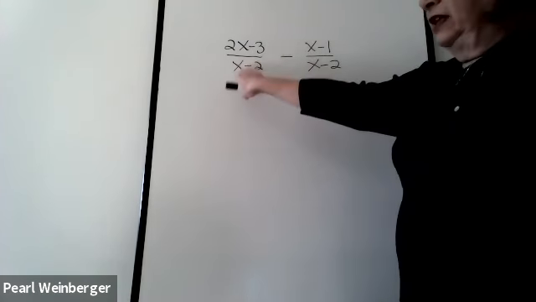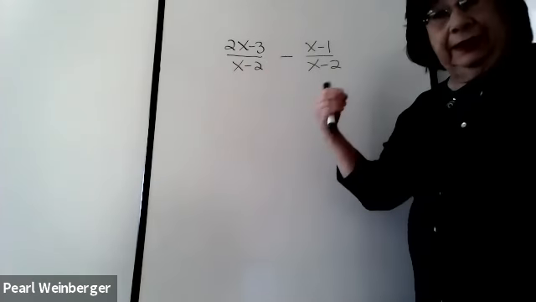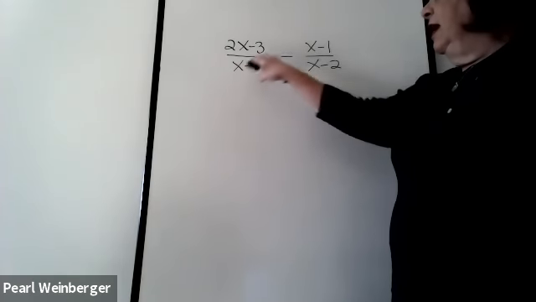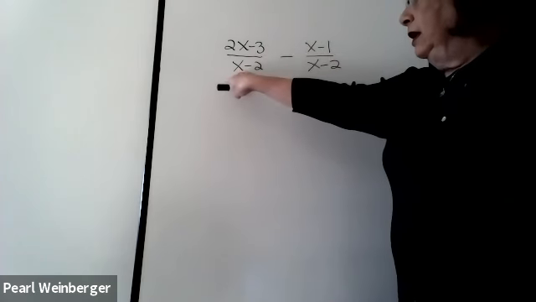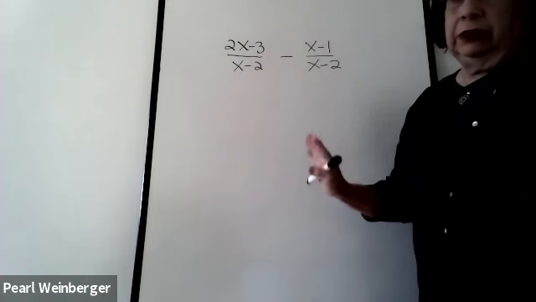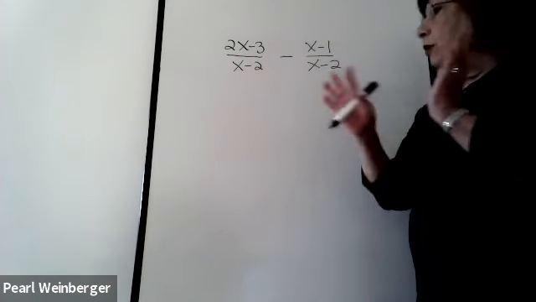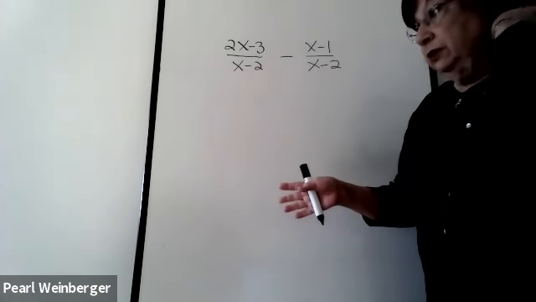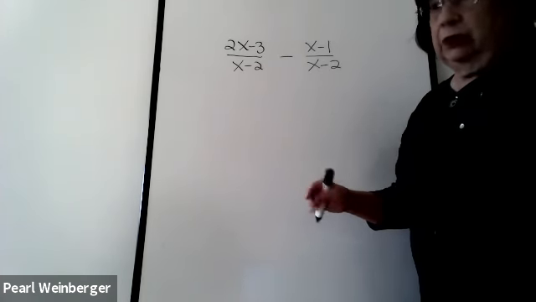Okay, step one is always find a common denominator. That has already been done for me. The denominator in both fractions is x minus 2. So I don't have to do anything about renaming because we already have a common denominator.